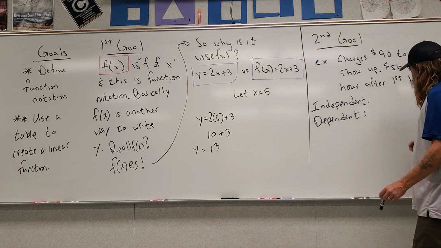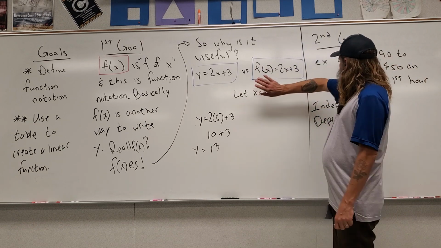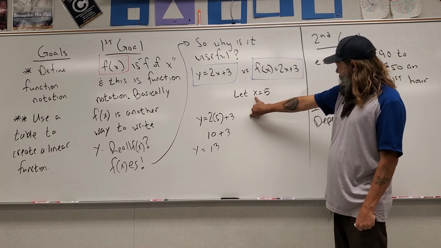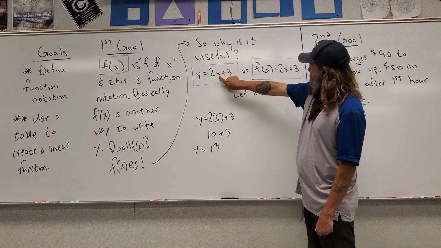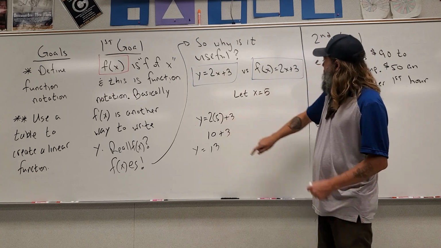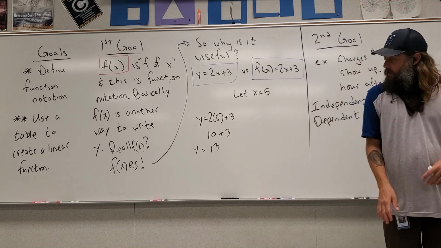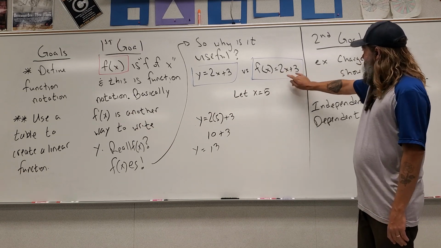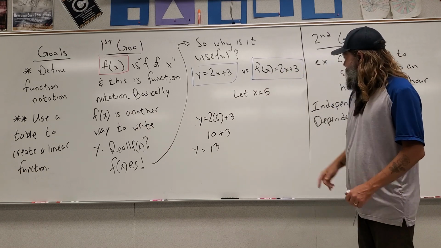So now I'm going to do the same problem, but I'm going to use function notation. And wherever I have an x, like in here, I've turned it into a 5. But when I'm using function notation, not only do I have an x in the function, but I have it in the function notation.